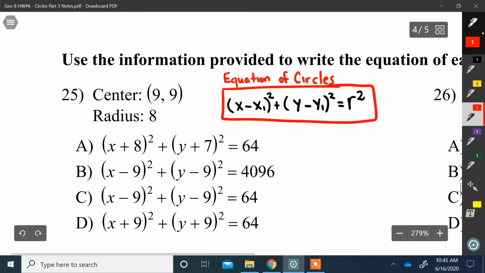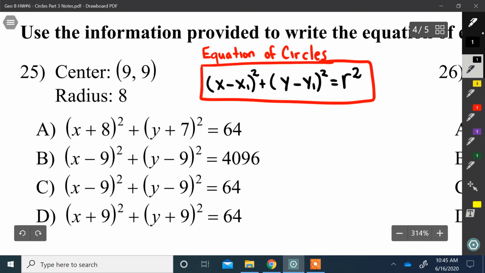I'm not going to explain it too much, but here's how you use it. Okay, it's actually pretty simple. The center of a circle is a point. And that point is going to be x1 and y1.